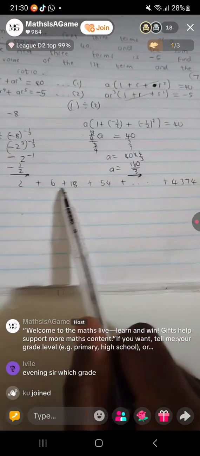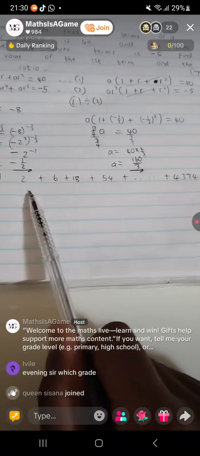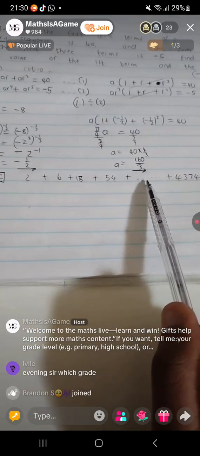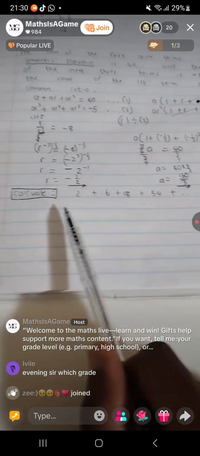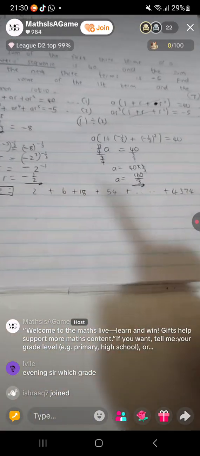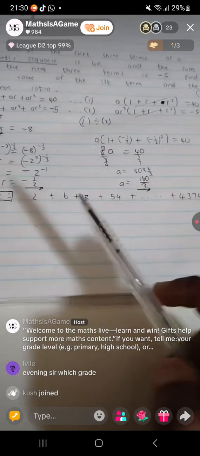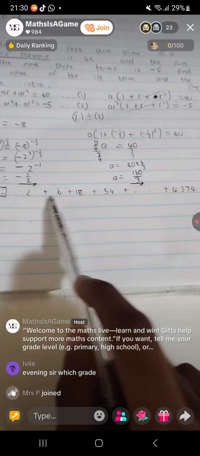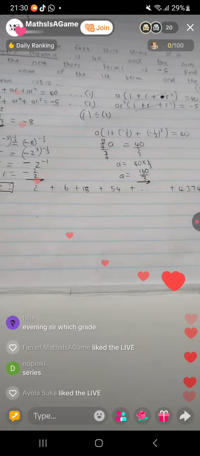What is this? 2 plus 6 plus 18 plus 54 plus ... plus 4,374, because we are supposed to calculate this. That's all that this question is saying. We haven't been told anything else. So what is this, my beloved grade 12s? What do we refer to this as?